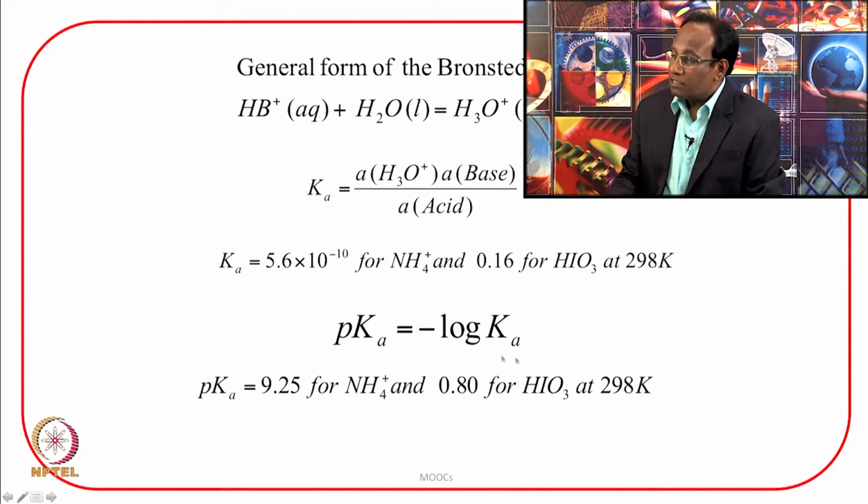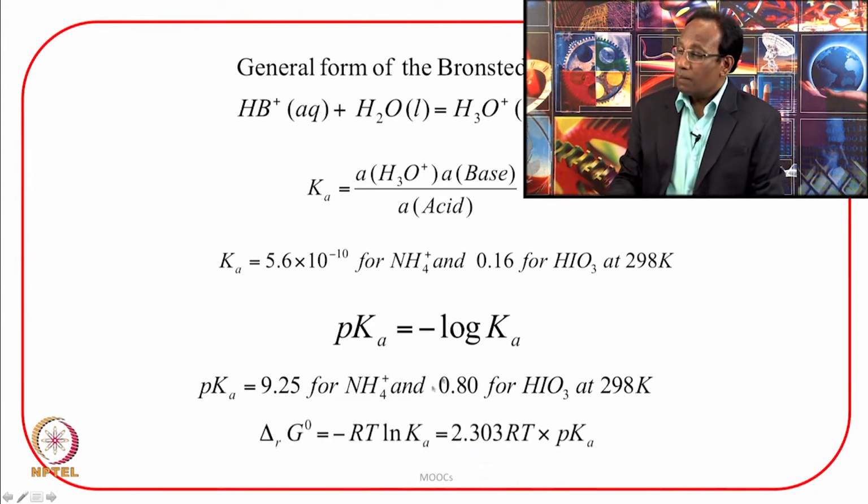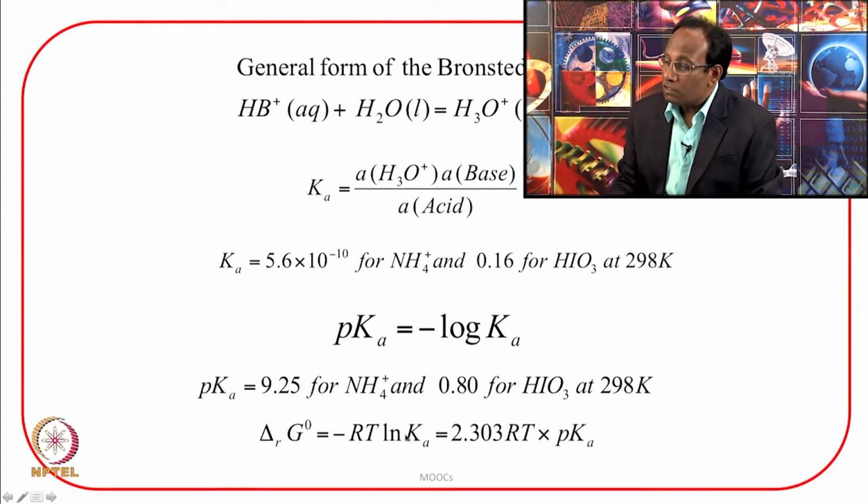And since Ka is an equilibrium constant, these values can also be manifested in delta G naught. Delta G naught is minus RT ln K, and if you convert this natural log into log base 10 and put minus log Ka as pKa, and substitute, we end up with the relation 2.303 RT pKa.